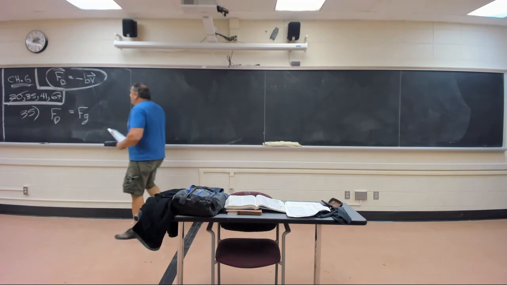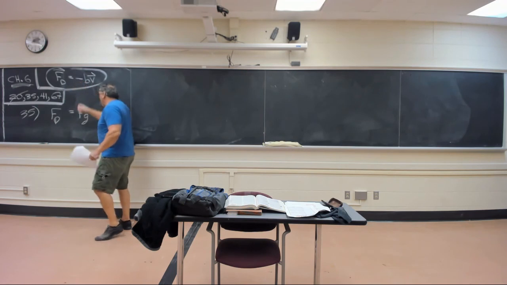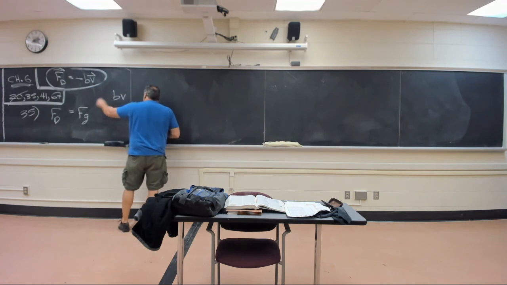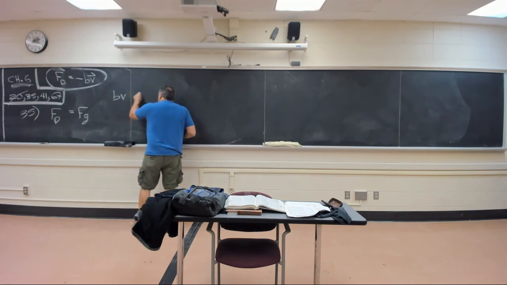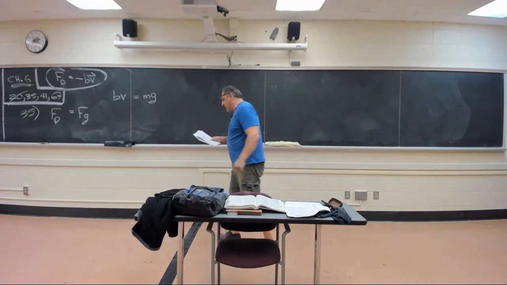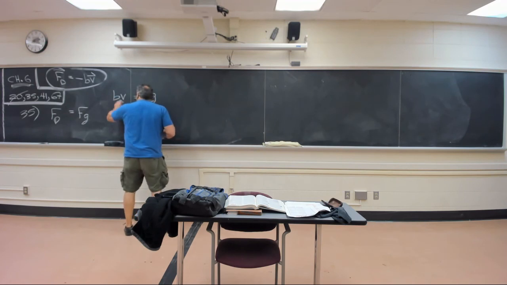Well, I'll tell you what, how big is this force? F sub d vector is negative b v vector. How big is that force? That force right there is as big as bv in terms of magnitude. The weight force is as big as that. What does that mean? Well, that means when they are equal, there's a terminal velocity here.